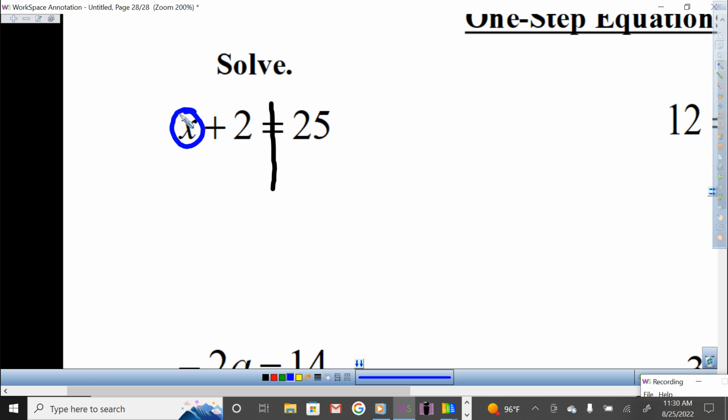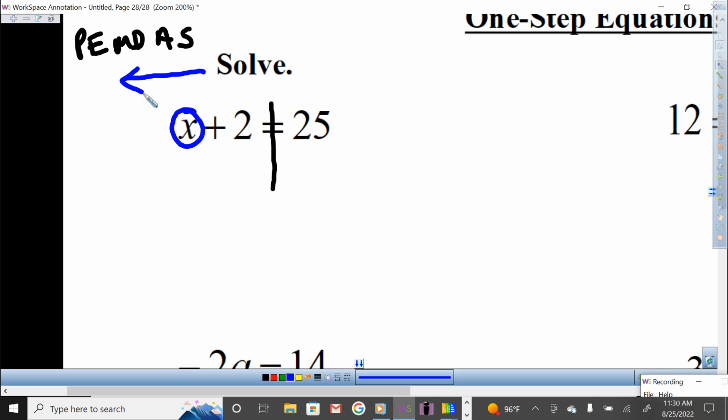Now, this is where some of you got confused in the past. Let me clear this up. When someone takes a number and does a lot of operations to it, they use what we call the order of operations. And then we end up with an equation that looks like this. But in order to undo the equation, we need to go in which direction now? Backwards.